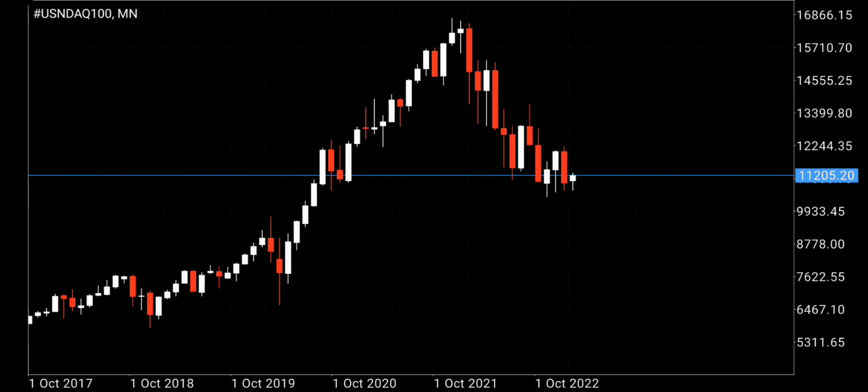And when it left that resistance, after touching it, it formed what we call a bearish engulfing, which is suggesting that on a bigger scale, obviously on your smaller time frames, your H1, your H4, M15s, whatever, you can have bullish trends during this small bullish move there.